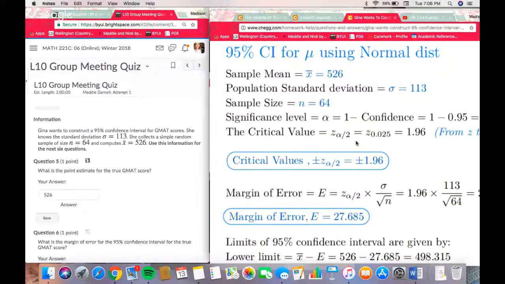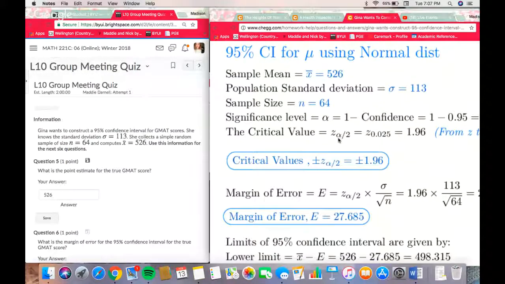I don't know what a z-table is, so I think that's what they're talking about with this symbol right here. That's what we haven't learned. It reminds me of the textbook, because I think that is supposed to signify the same thing as the z asterisk in the textbook, which represents a calculated z-score corresponding to a particular confidence level.